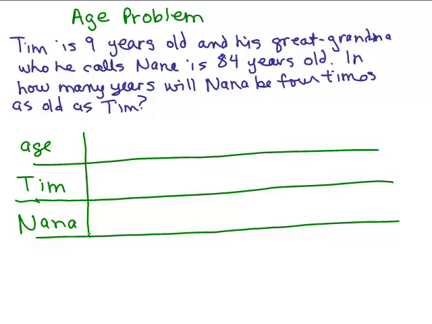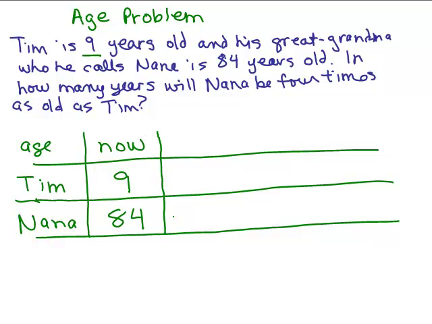All right, and it's different in certain years, right? So right now, what does it say? It says right now, Tim is 9 years old. And right now, Nana is 84 years old. So in this example, we know exactly how old each of them is.